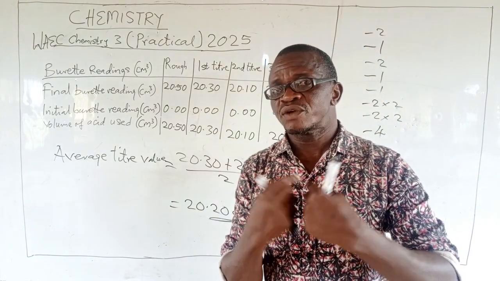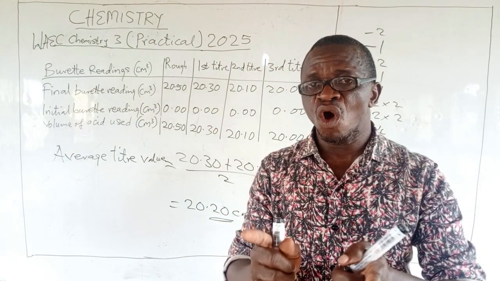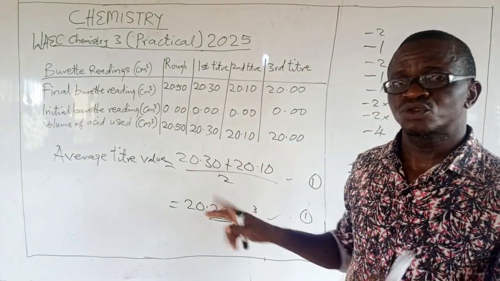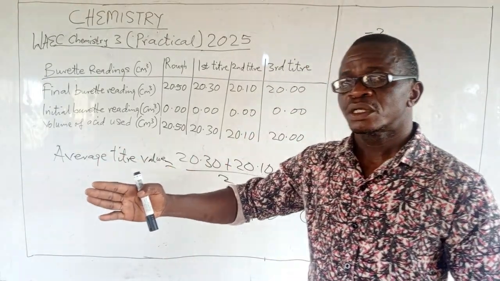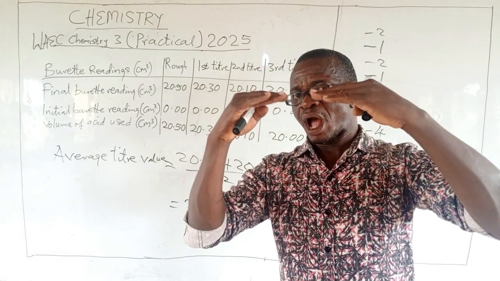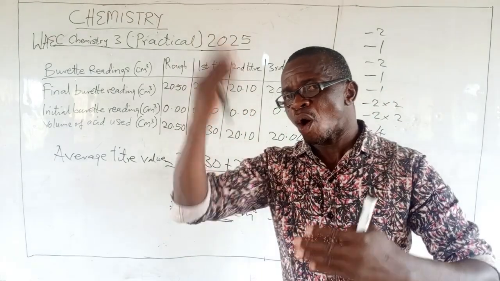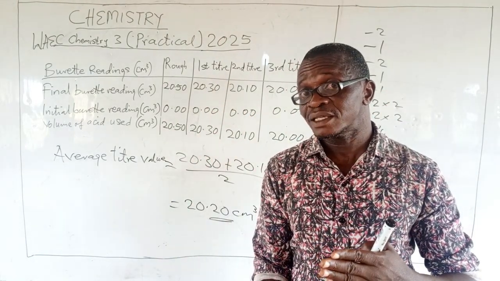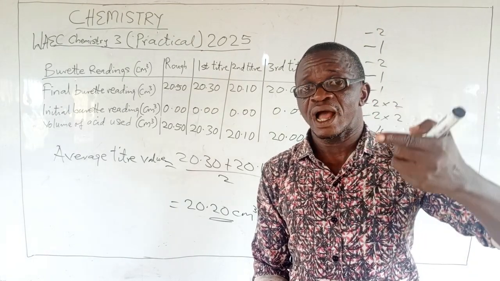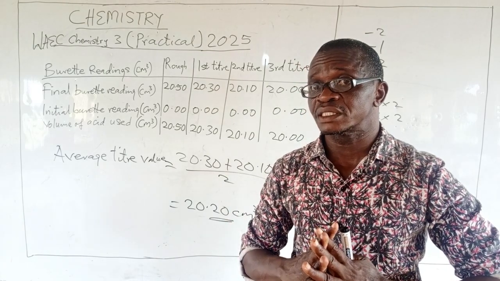So that was the reason I said earlier that the instructors of our students in the schools should be able to show them the steps, like filling of the jet, like placing it straight to your eyes while taking the reading, like making sure no bubble of air is present while taking or sucking in base or filling acid in the burette. So all those things are very important.